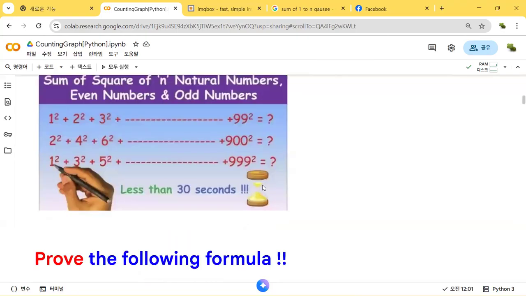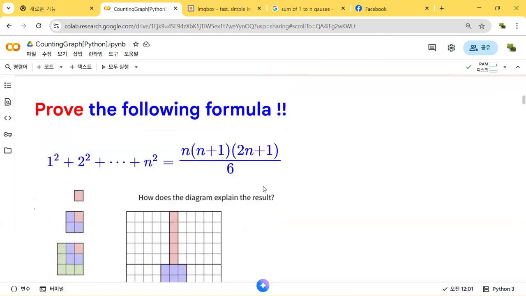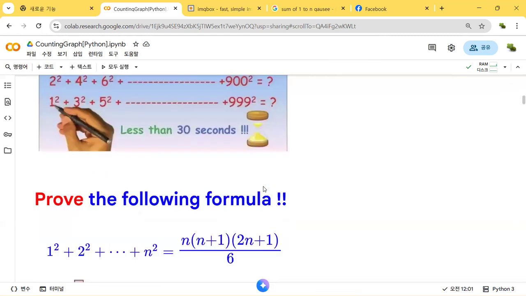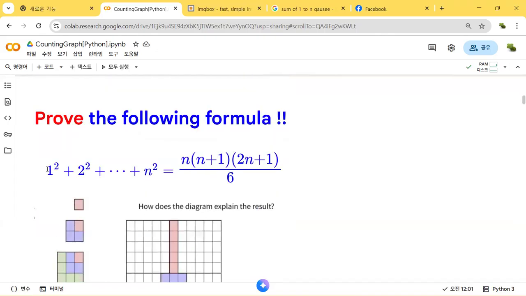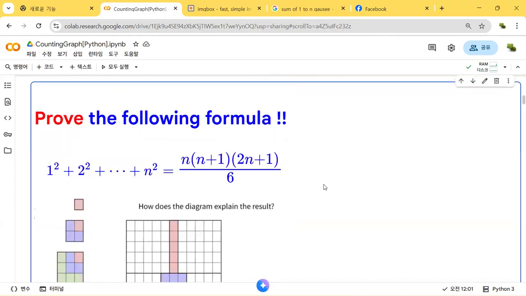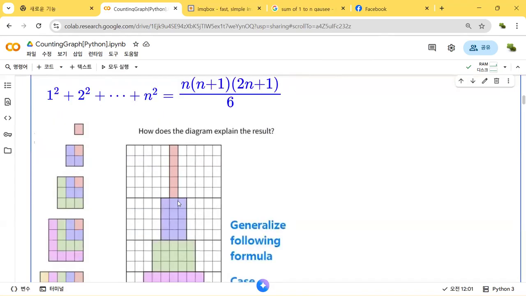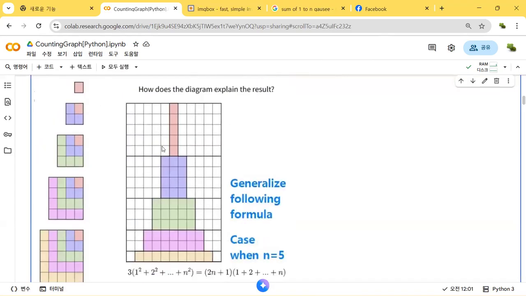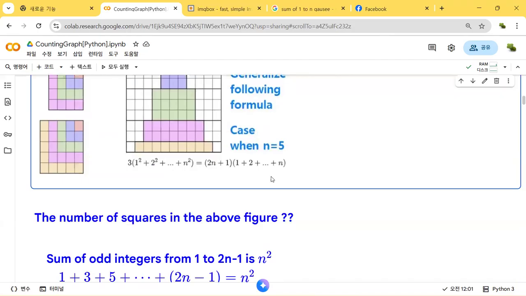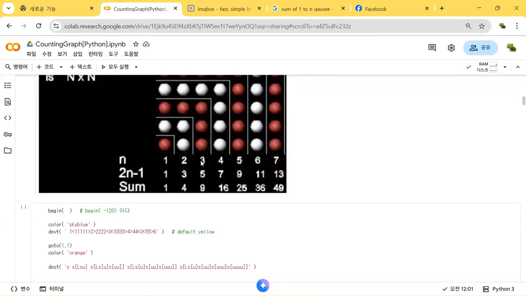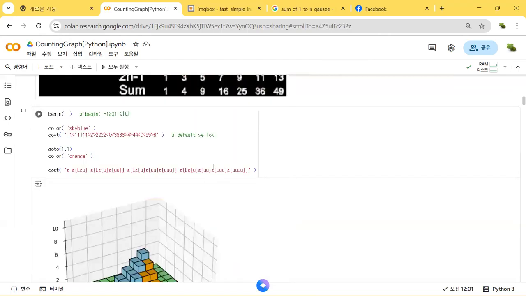Let's introduce just another proof like this. So our main problem is this one, but this one can be expressed in this way, and then find another method, and then you can prove the formula similarly.